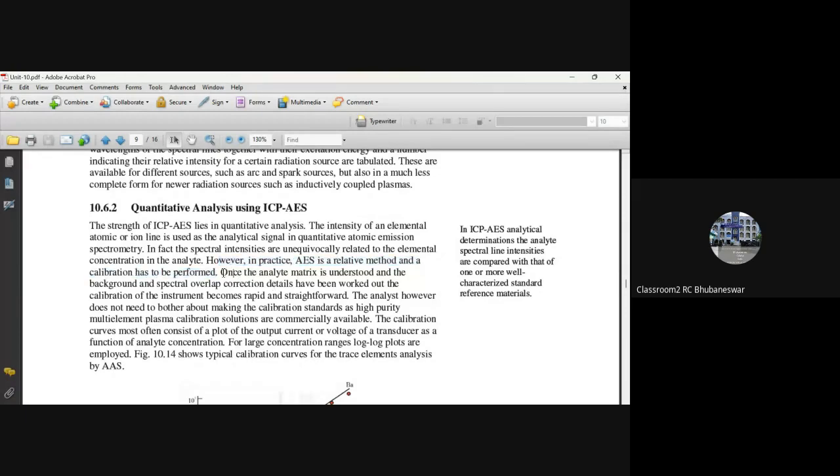Once the analyte matrix is understood and the background and spectral overlap correction details have been worked out, the calibration of instrument becomes rapid and straightforward.